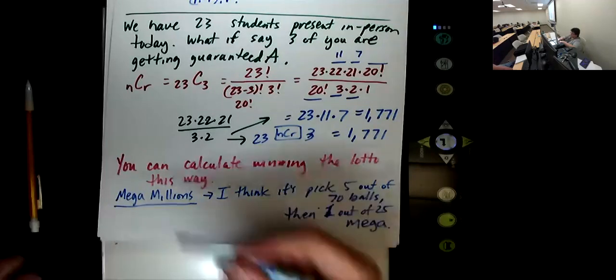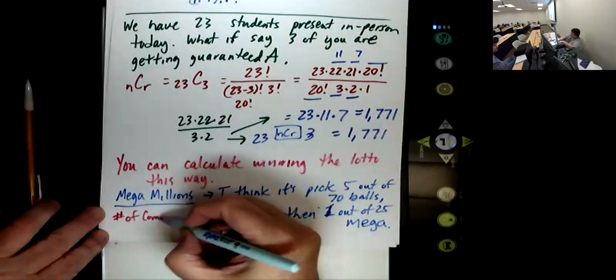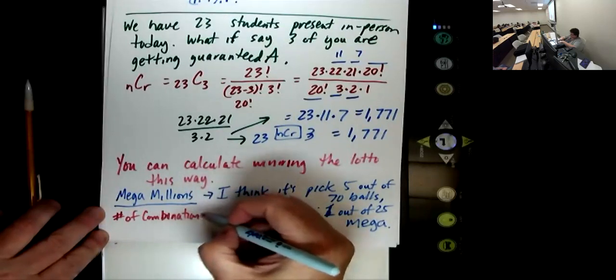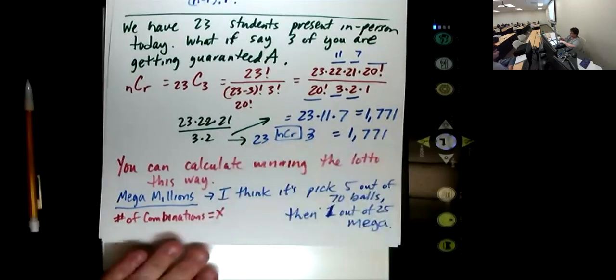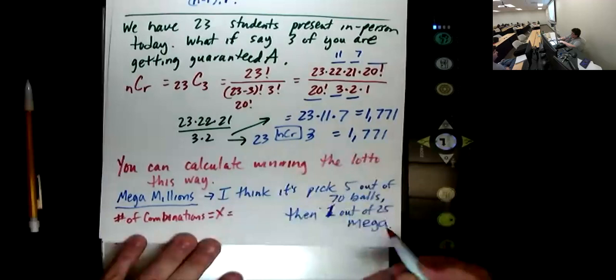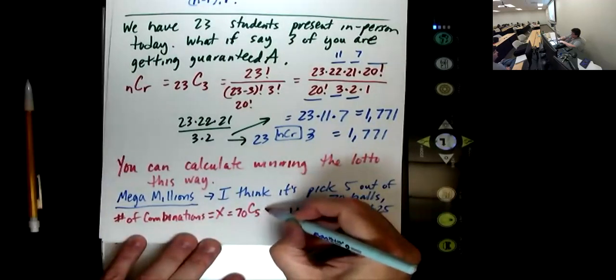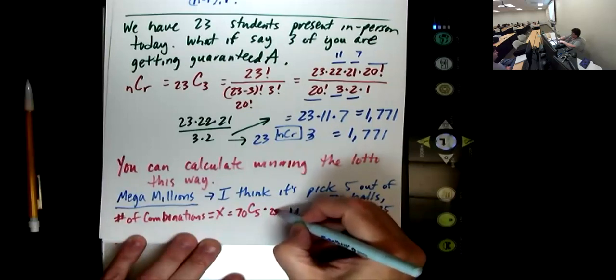So the number of combinations, I'm gonna call it X for a second, is 70 choose 5 times 25 choose 1.